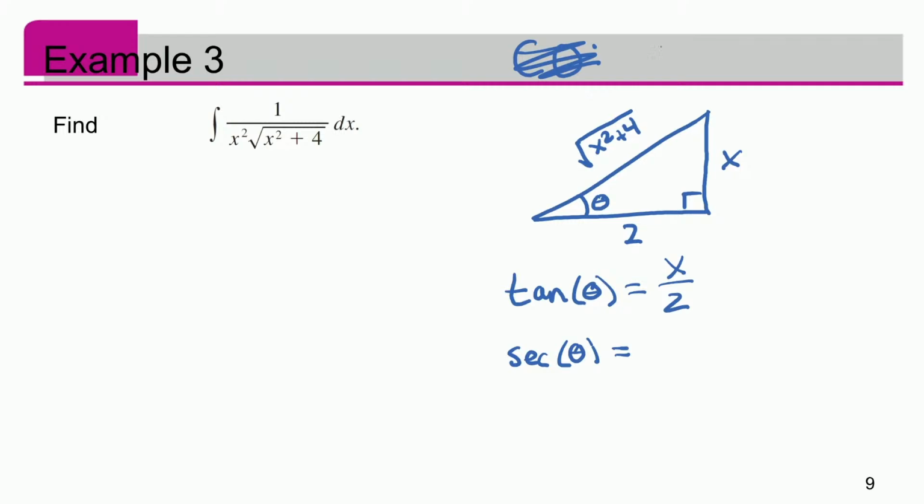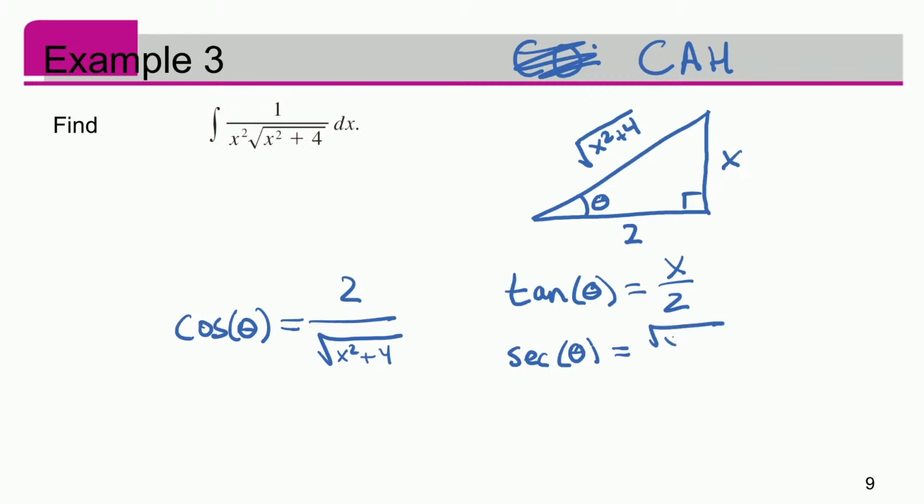So let's do cosine. Cosine is 2 over the radical. Yeah, 2 over the radical. So if secant is the reciprocal of cosine, then the secant is the radical over 2.